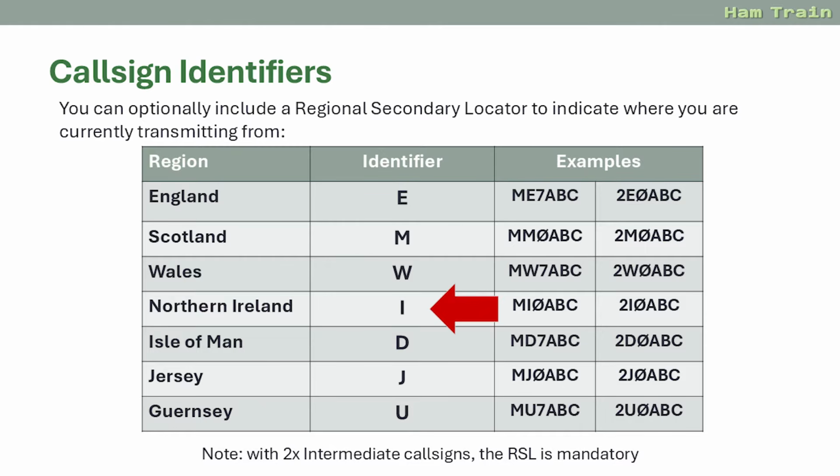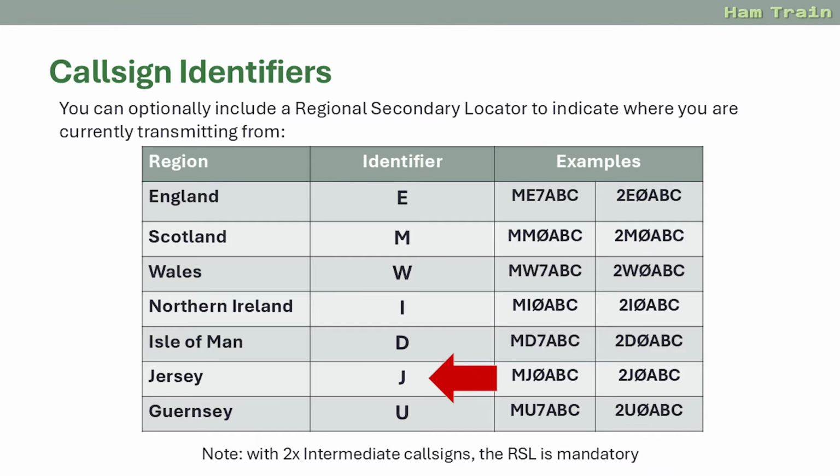In Northern Ireland, it's not an N, it's the letter I, so MI0ABC or 2I0ABC. For the Isle of Man, the letter is D. The easy way of remembering that is D, Douglas, is the capital of the Isle of Man. Examples here, MD7ABC and 2D0ABC.